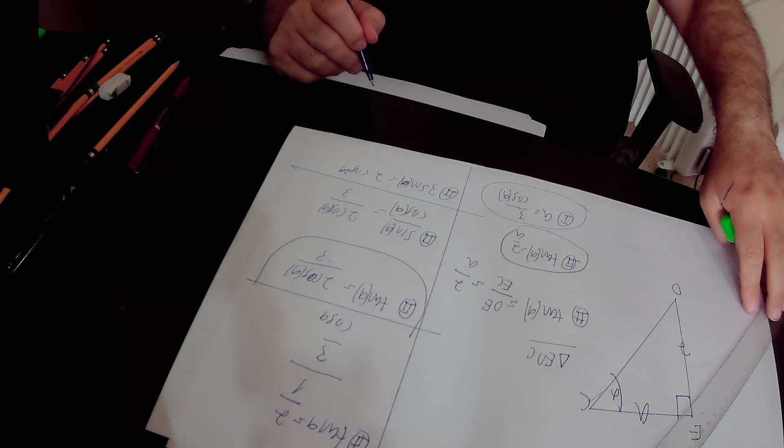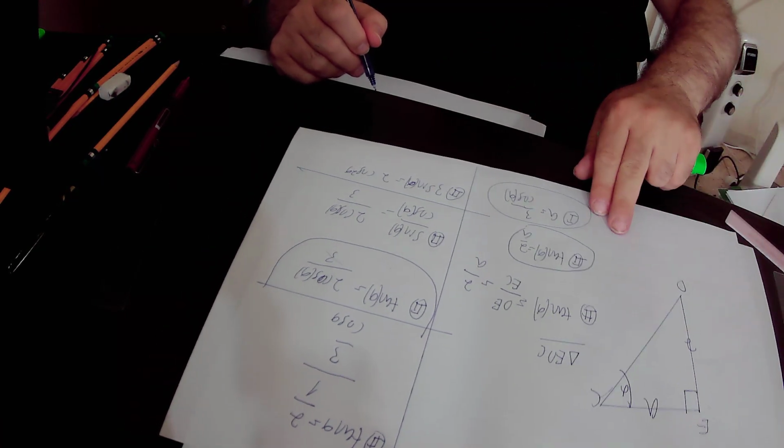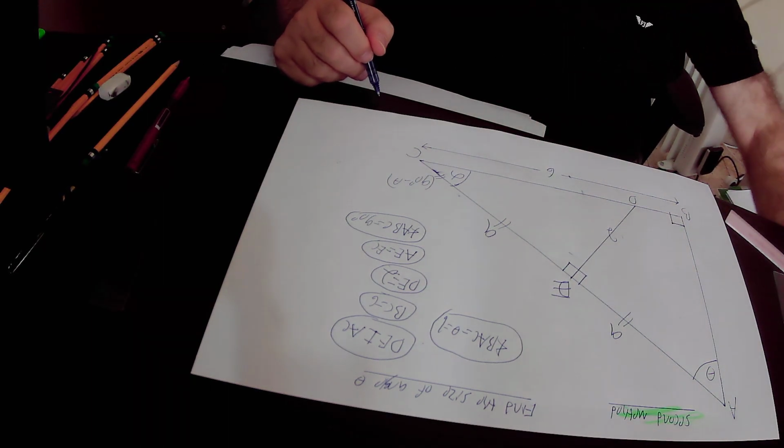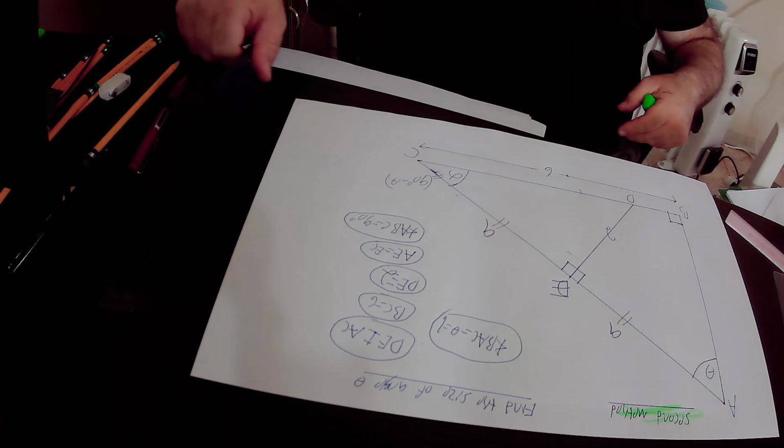Okay, we have the trigonometric identity that states that sinus square alpha plus cosine square alpha equals 1.